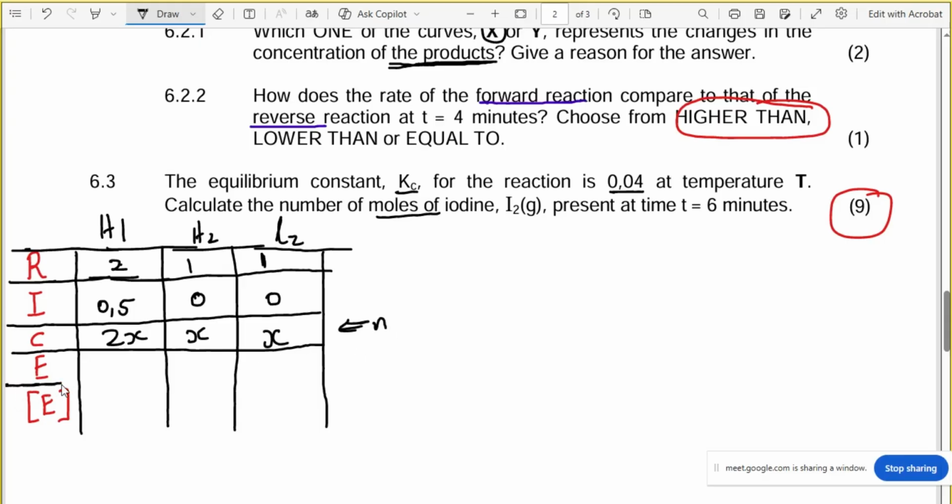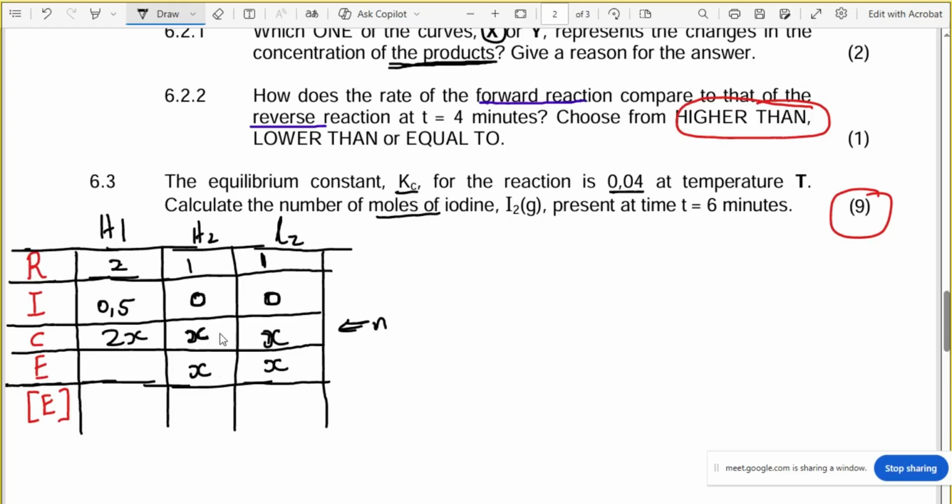Then the next part is the number of moles at equilibrium, which also plays a very important part in your calculations. The first one, we start with 0, then the change is x. So this tells you that at the end, we'll have x as the number of moles. We start with 0, we gain x.